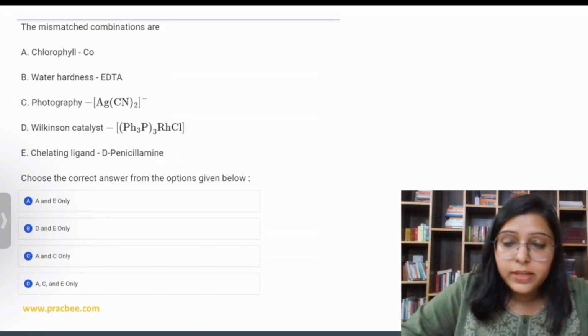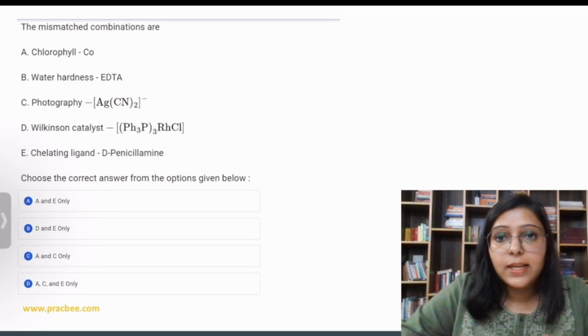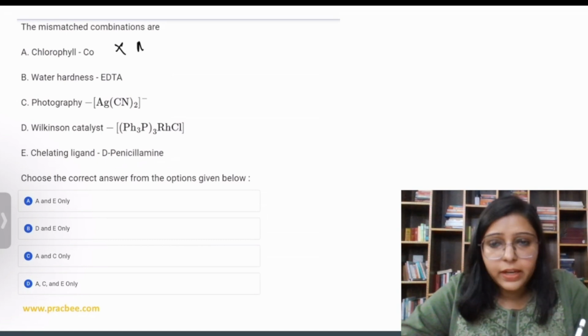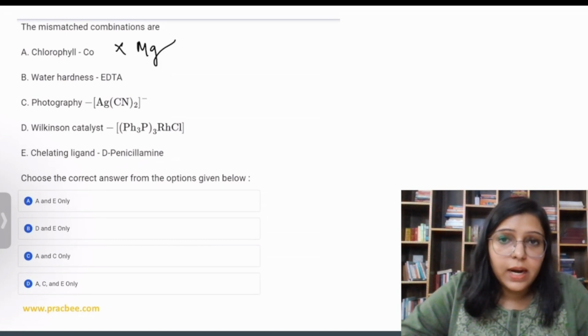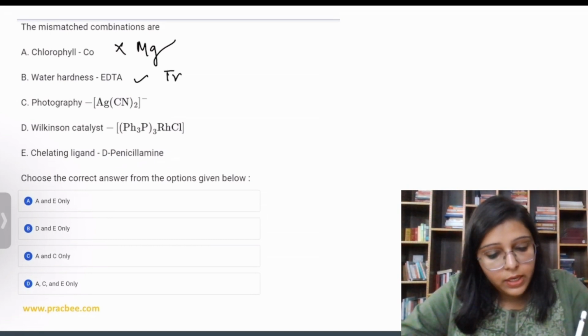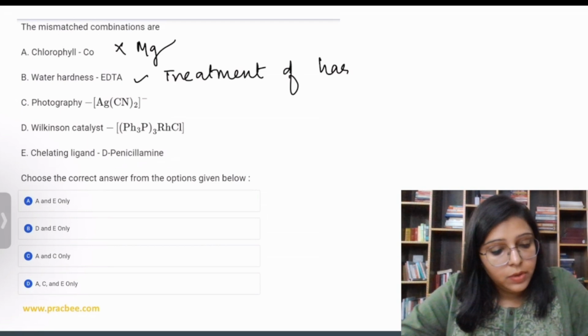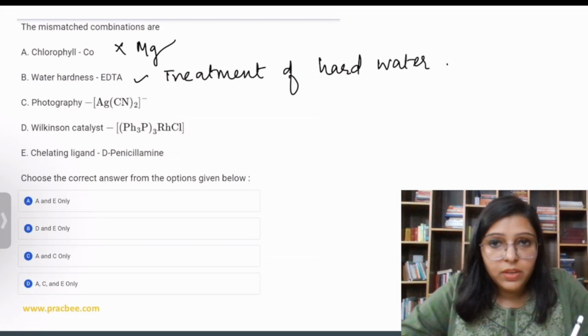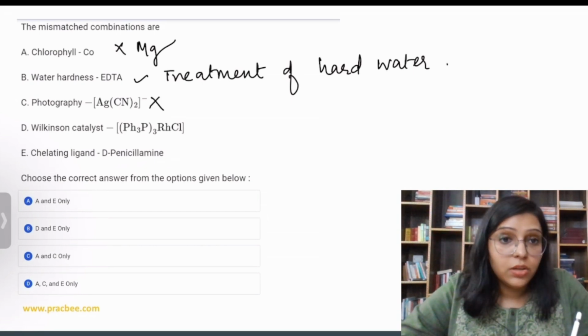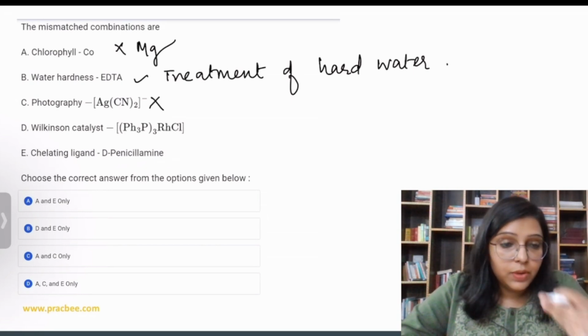Okay. Now let's discuss the next question. The mismatched combination: in chlorophyll, is cobalt present? No. In chlorophyll, magnesium is present. Water hardness? Yes. For treatment of hard water we can use EDTA. Photography, can we use this? No, that is used in leaching of silver in chemical separation, right?